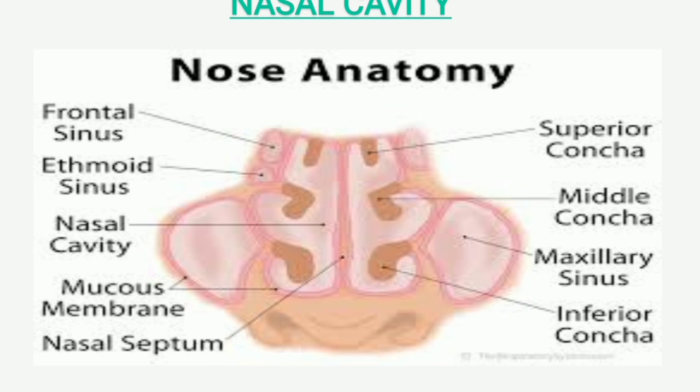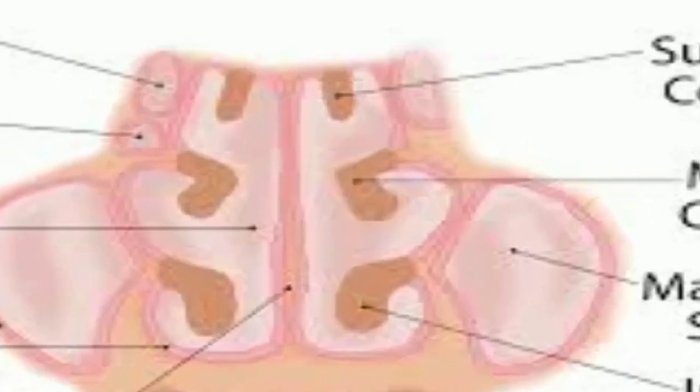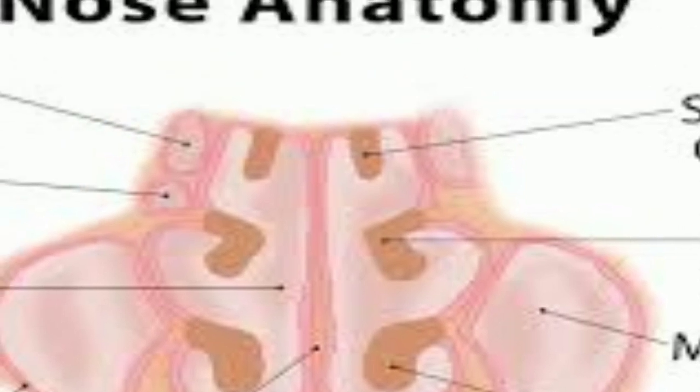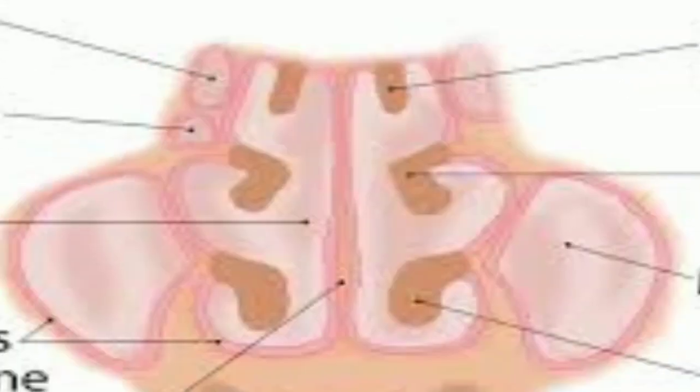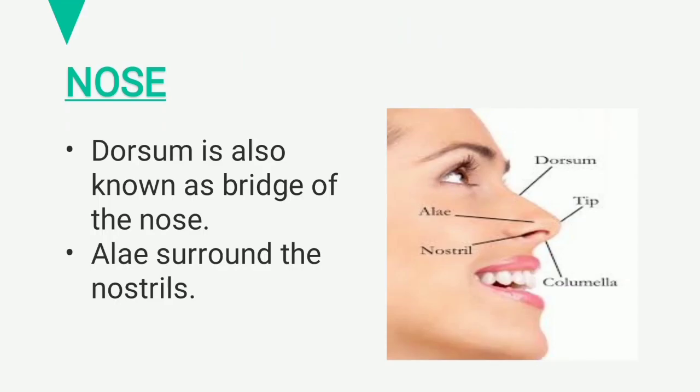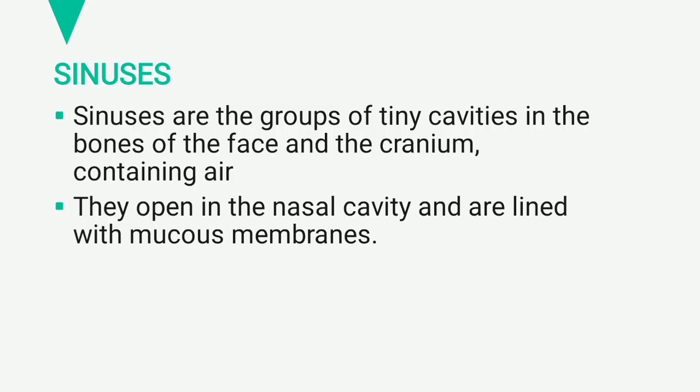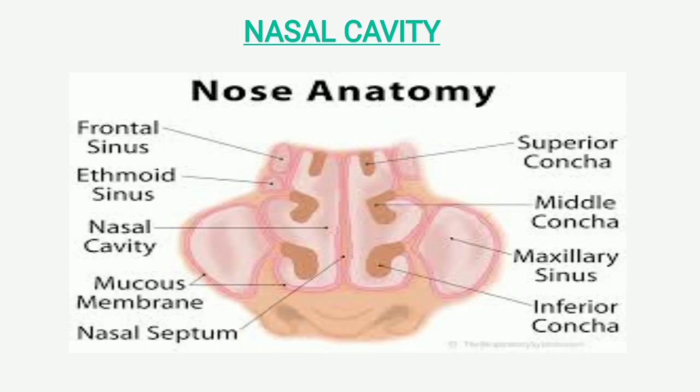Now you can see at the lateral wall of nasal cavity there are these ridge-like structures, or we can say three column-like structures. These ridges are called conchae. There is a superior, inferior and middle conchae. Now the question is, what do these conchae do?